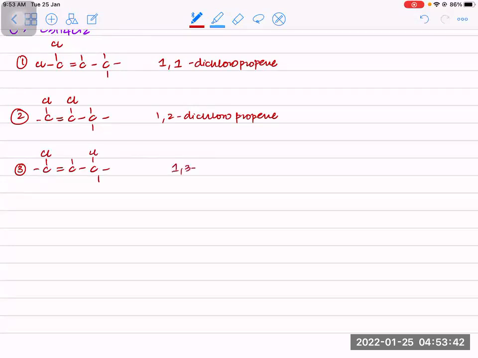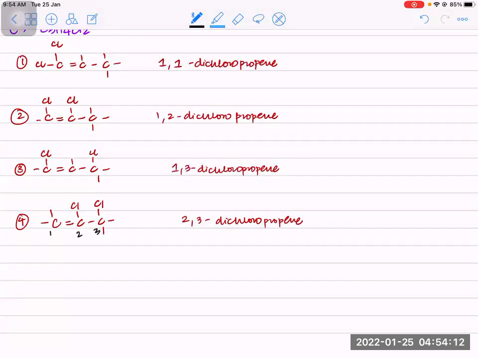So this is 1,3-dichloropropene. Then you can have 2,3-dichloropropene, because you will number your carbon atoms such that alkene gets the least number. So you will give this carbon 1, carbon 2, carbon 3.